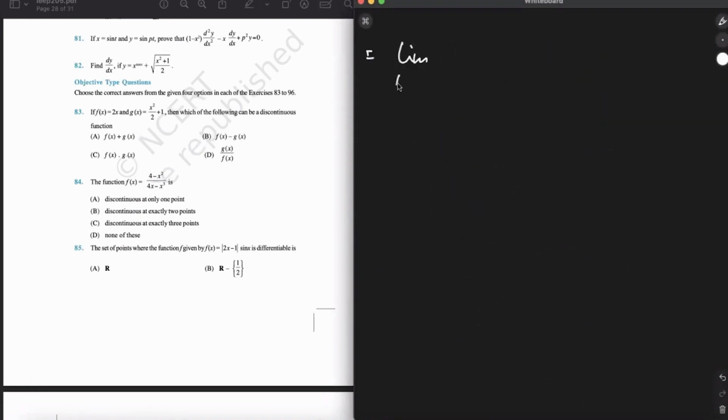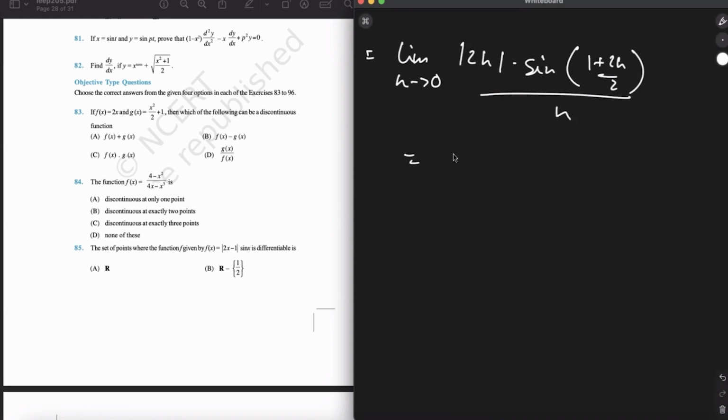So limit h tends to 0, mod of 2h times sine of 1 plus 2h upon 2, whole divided by h. So mod 2h will be 2h, sine of 1 plus 2h upon 2, whole divided by h, and limit h is tending to 0.